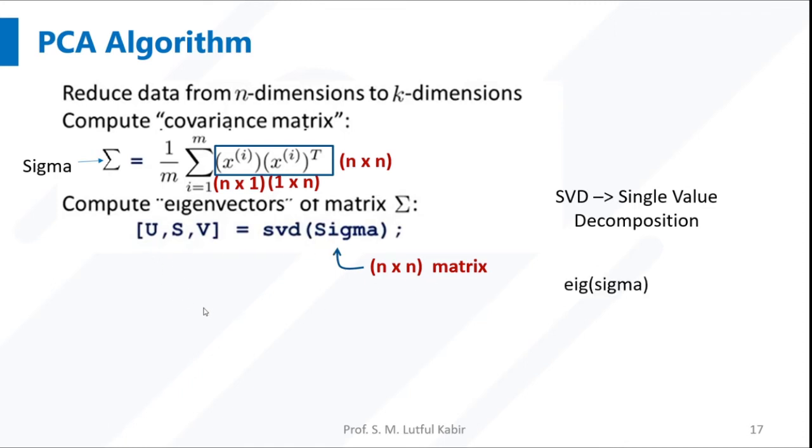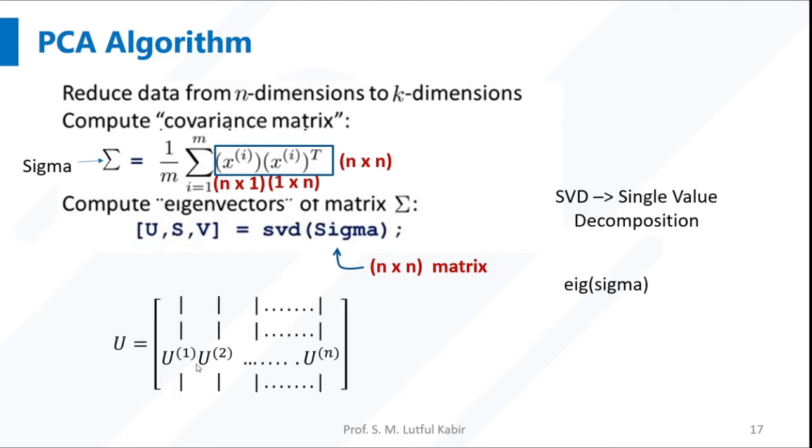Besides the SVD function, there is another function, eigenvalue, eigenvector, eig, which can also be applied on sigma. You can use either of these two functions for calculating U. Although you have n columns, if we are interested in only k, we have to take k columns to get U1 up to UK.